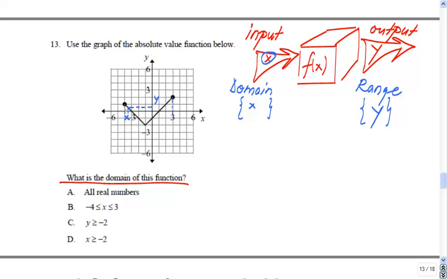Okay, and because you have a closed dot, it means you're going to include that x and you're going to include this x.